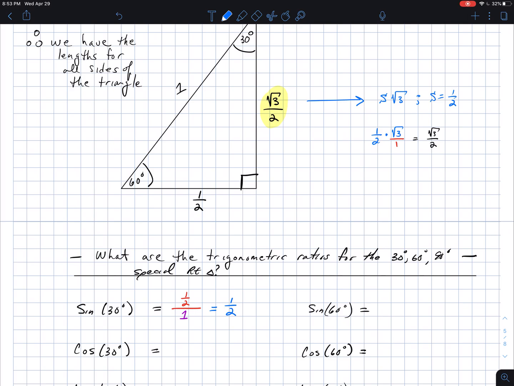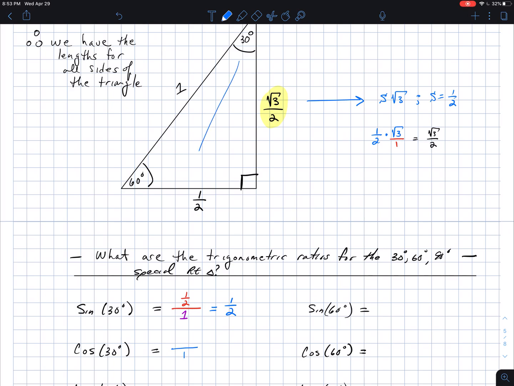Okay. Now let's do the cosine of 30. Well, the cosine of 30 is CAH, adjacent over hypotenuse. So we know the hypotenuse already. That's 1, so I'll put that in right away. And then what's the adjacent?